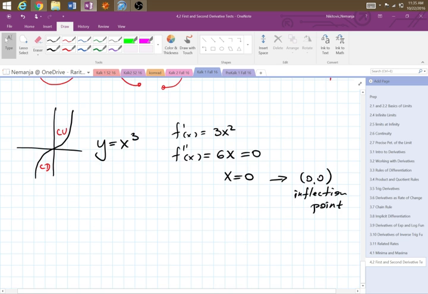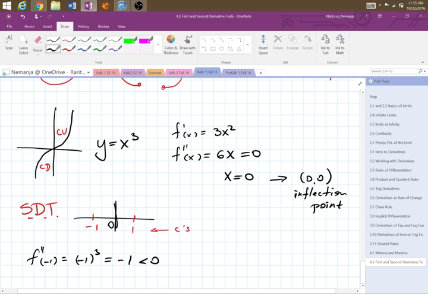If you do the second derivative test for it, it's the same thing as the first derivative test. Here's your 0. Pick your two test values. Those are your C's. The second derivative computed at -1 is -1 cubed, which is -1, which is less than 0, meaning concave down, on the interval from -infinity to 0.